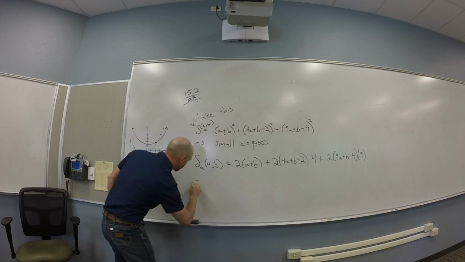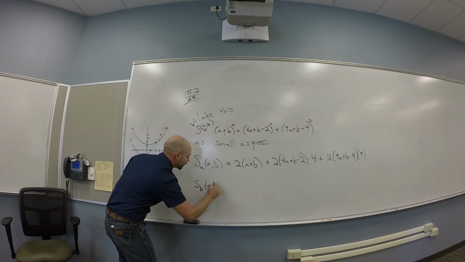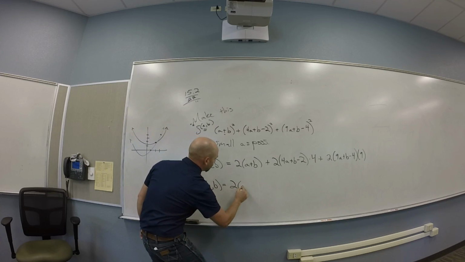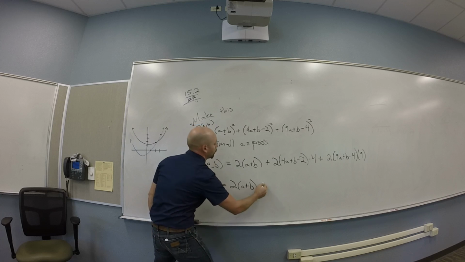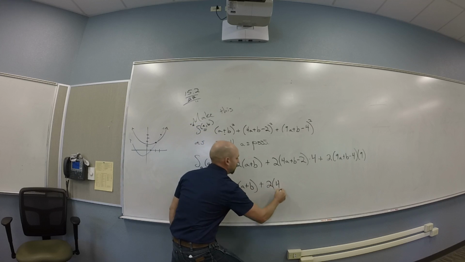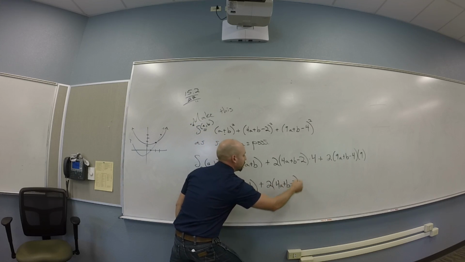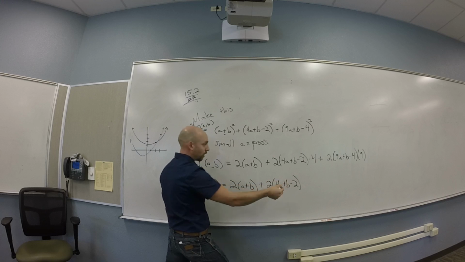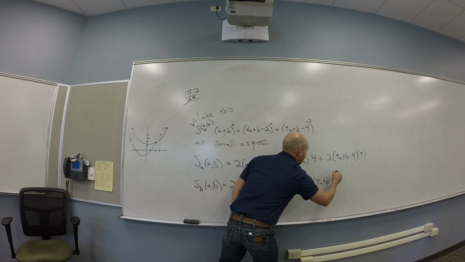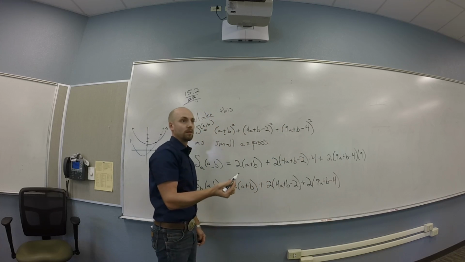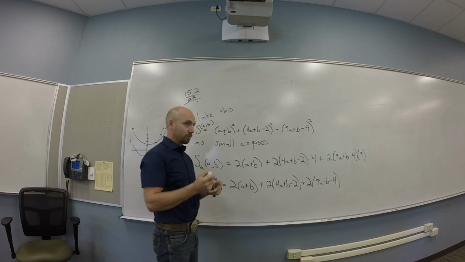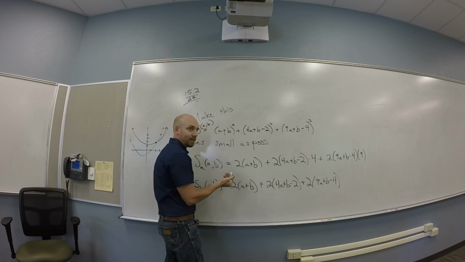What else should I get here? I should be looking also for S with respect to B, right? So you get 2 times (A plus B) times 1, plus 2 times (4A plus B minus 2) to the 1 power times 1, plus 2 times (9A plus B minus 4), also to the 1 power, times 1. Before I go any place with these, I'm going to simplify a little bit.